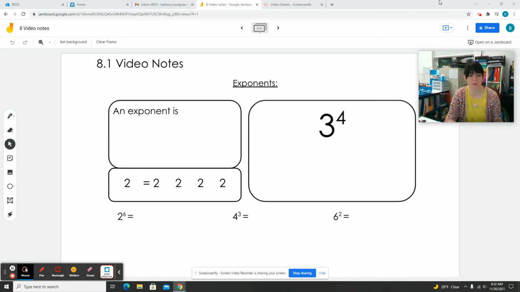So first of all, let's define what an exponent is. An exponent is a number that indicates how many times you multiply a base number.